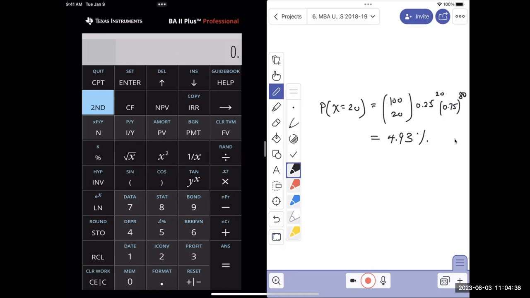So clear my thing. 100, second function, NCR 20, and then I just keep going. Times 0.25 to the power 20. Times 0.75 to the power 80, and then you get the answer. Now, if you're not getting my answers, you need to adjust your calculator to have order of operations.